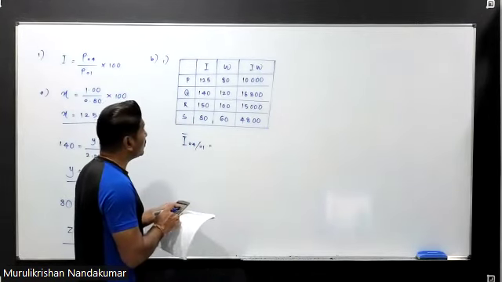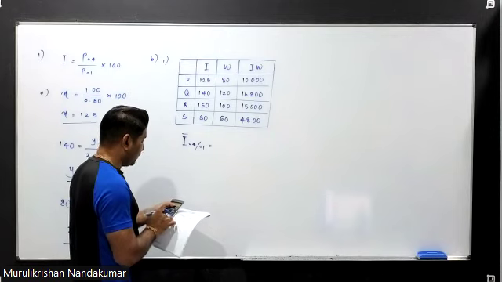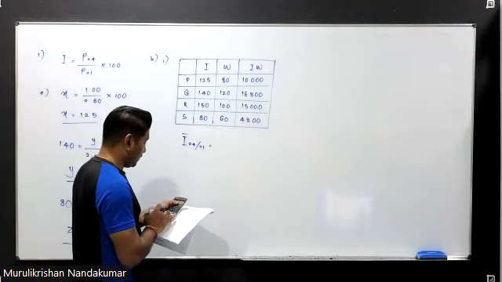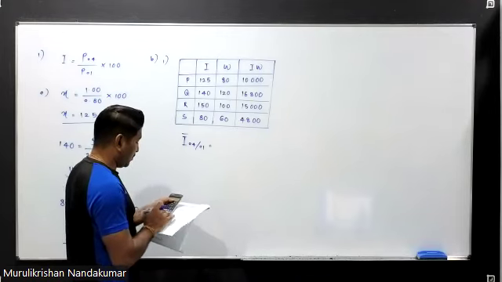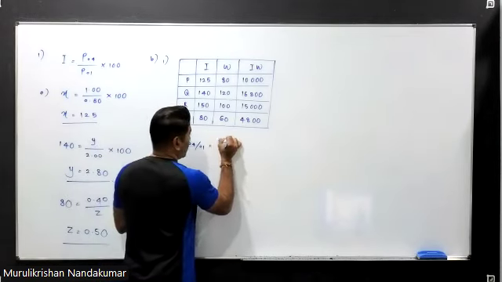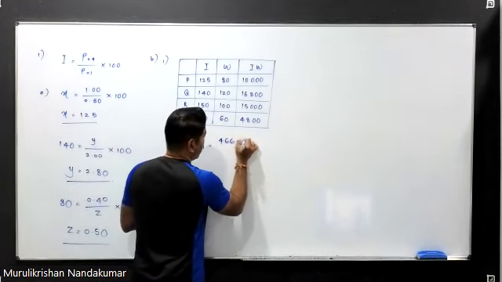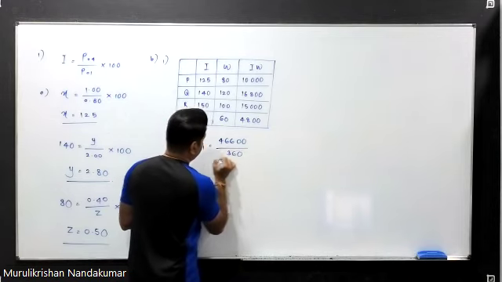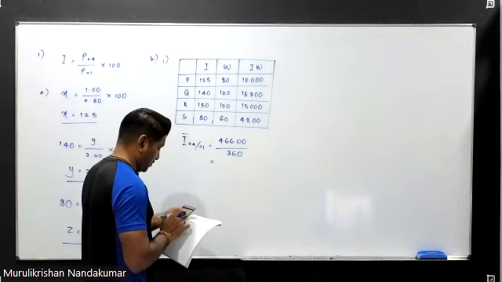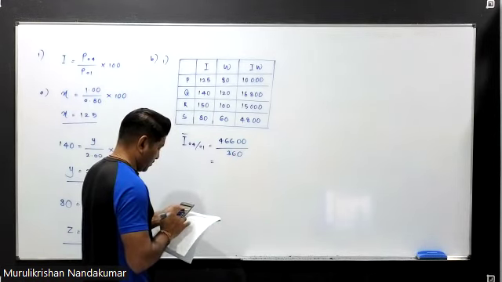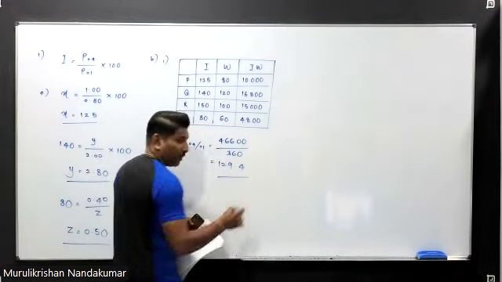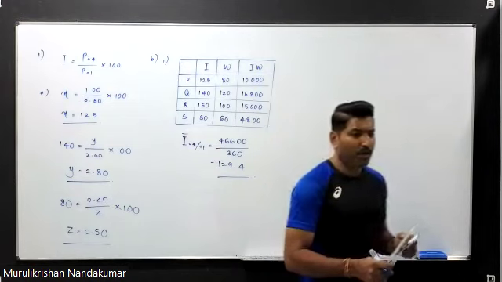Total of sigma IW: 10,000, 16,800, 15,000 and 4,800 gives 46,600, divided by 360, which gives 129.4. What is your answer?